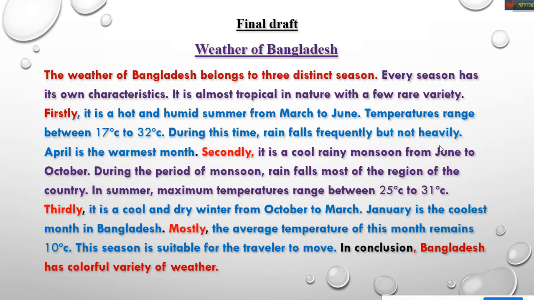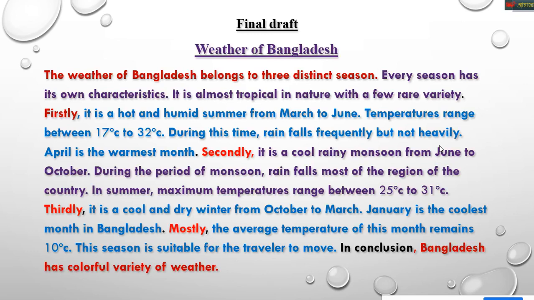It is not possible for a foreign writer or speaker or user of a language to be 100% correct. If you write this paragraph in your exam, I'm sure you will get more than 90% marks.